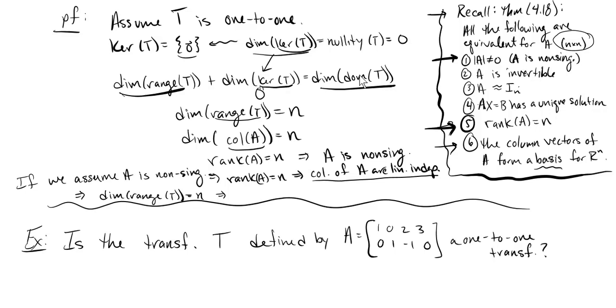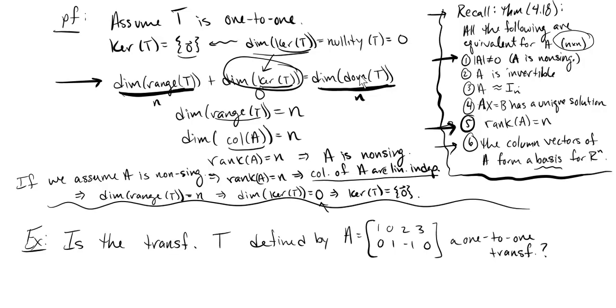Of the kernel. If we know the dimension of the range itself is n, and the domain was n, well, this guy's got to be 0 to make the rank nullity theorem hold true. So if the dimension of the range of T is n, that means the dimension of the kernel is 0, and the only space that has a dimension 0 is the space containing just the 0 vector.